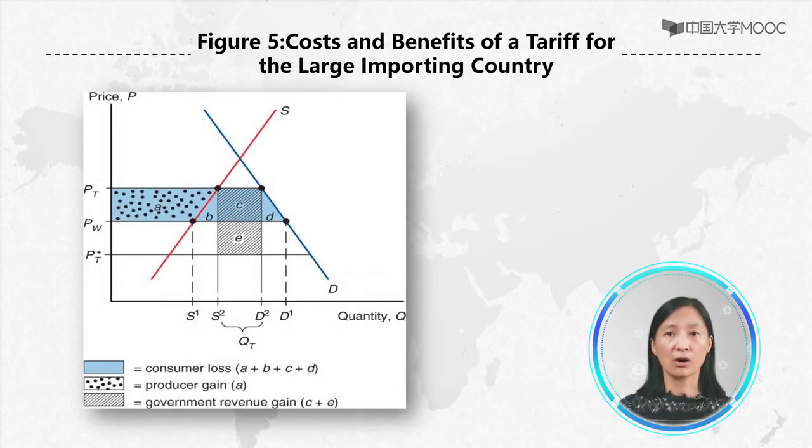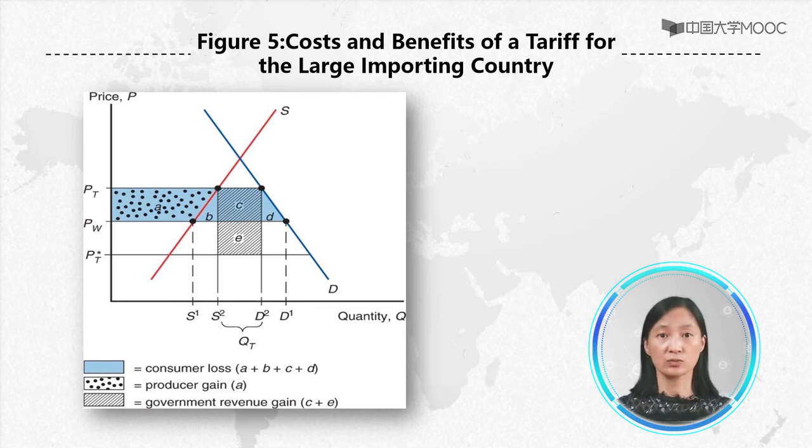Domestic production also rises from S1 to S2, while domestic consumption falls from D1 to D2.